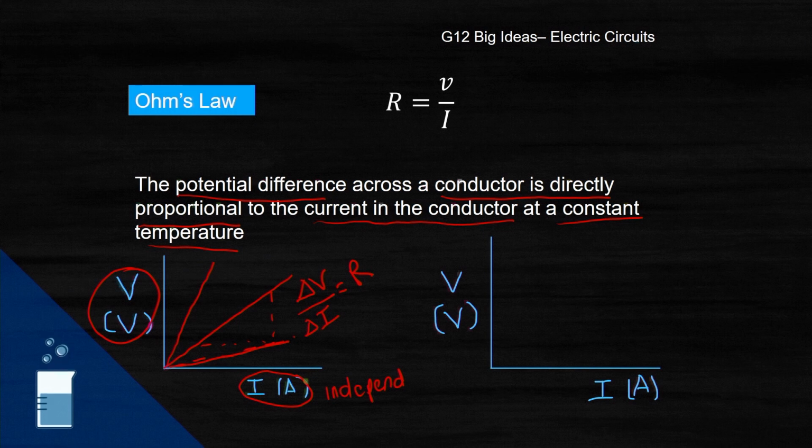Now, this is particularly for those resistors that follow Ohm's law, and they're called ohmic conductors. What about a resistor that doesn't follow Ohm's law?